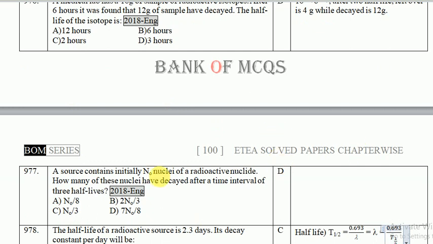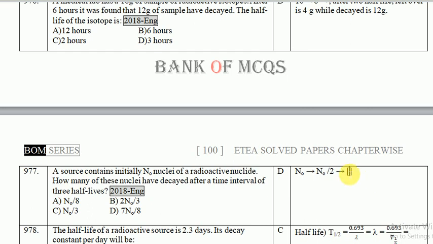The next is a source containing N naught initial radioactive nuclei. How many nuclei have decayed in a time interval of 3 half-lives? So if N naught was the original substance, after the first decay it will be decreased by 2. After the second decay this N naught by 2 will also be decreased to half.